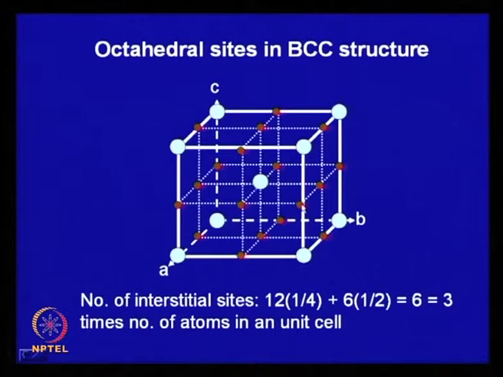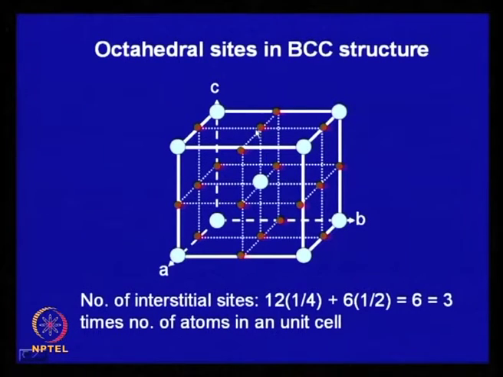Each of these edge centers is shared by 4 unit cells, which are placed around this edge. Therefore, the contribution of edge center sites will be 12 times 1/4, and then we also have face centers, and each is shared by 2 neighboring unit cells.